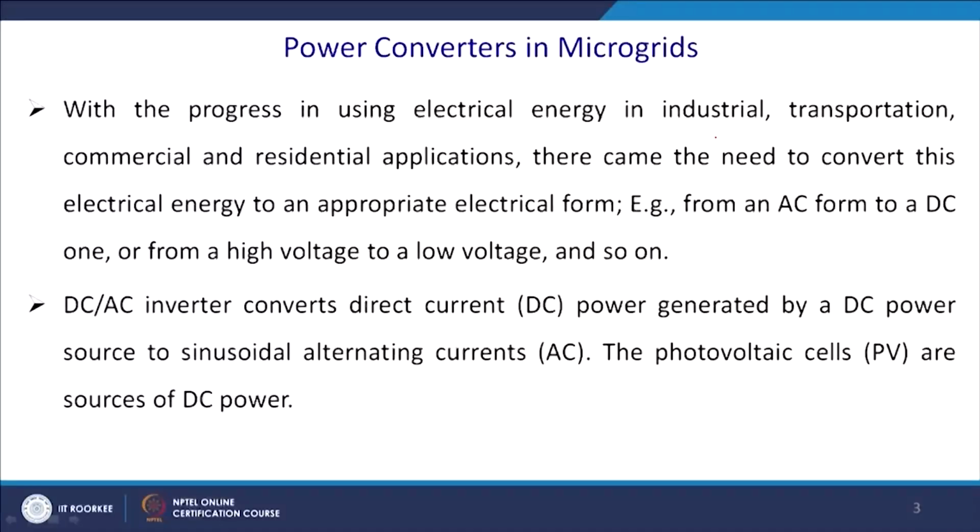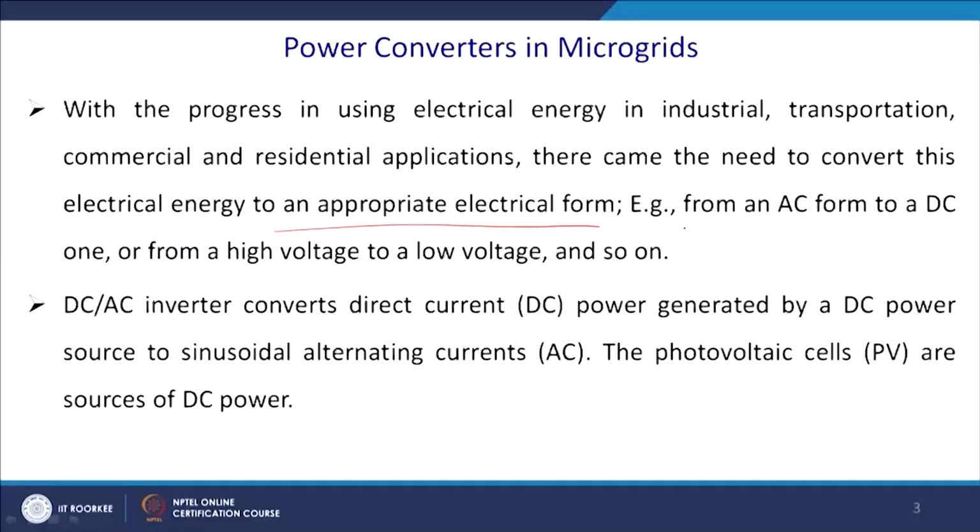As we know, with the progress in the use of electrical energy in industry, transportation, commercial and residential applications, there comes the need to convert this energy to an appropriate voltage level. For example, generators produce around 1 kV to 11 kV, and it is transmitted over the transmission line.